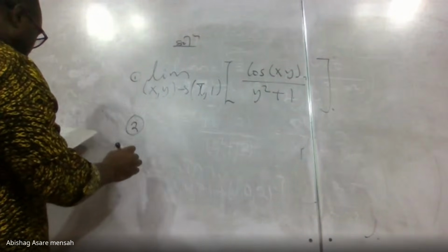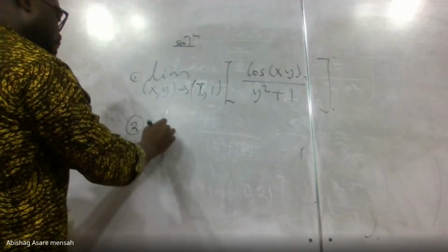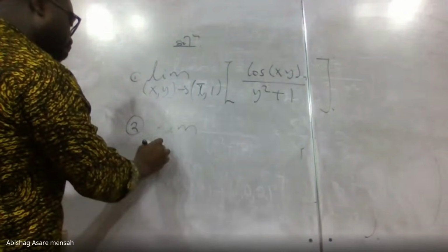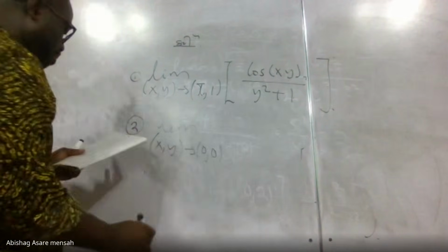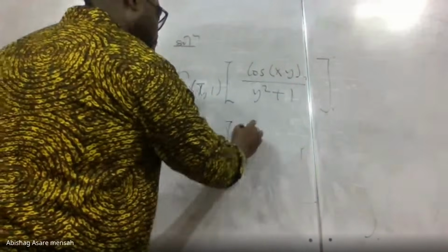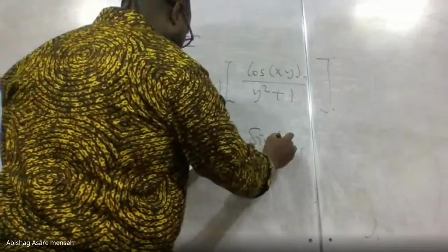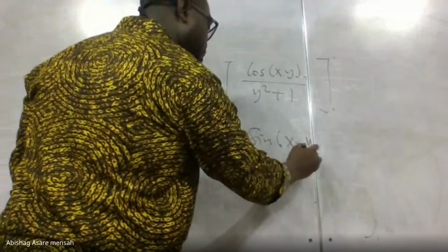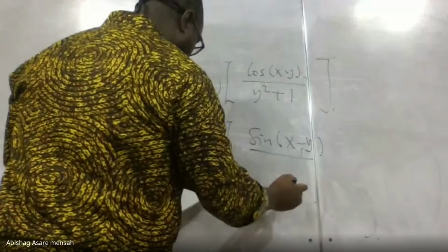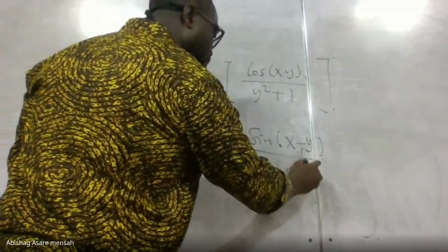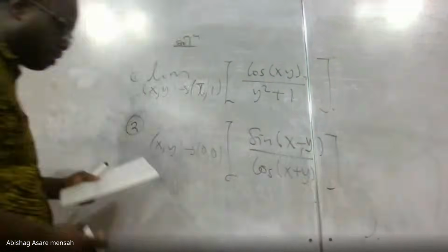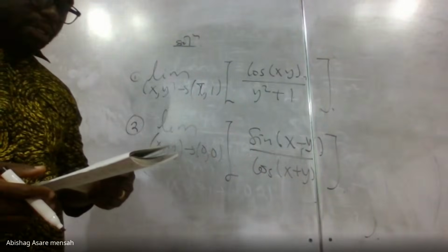Second one, limit as x and y approaches 0, 0 of sine x minus y all on cos x plus y. I want you to go through this now.